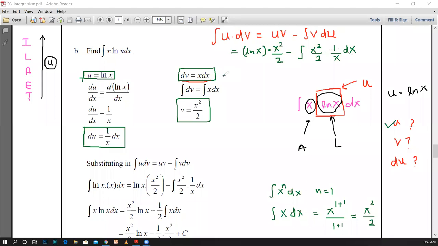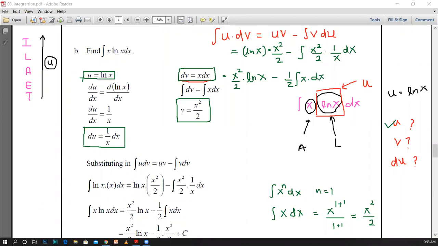If you pay attention to the first term, it is x squared divided by 2 times ln x, and then minus. Now you can see constant 2 is here, therefore I can take it out of the calculation. Since 2 is a constant, the x squared and this 1 over x will cancel out, and the remaining would be again the integral of x dx.